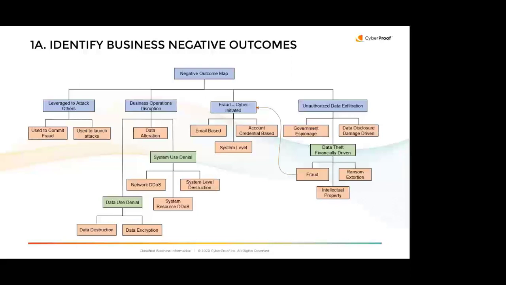The way we start there is taking the business risk register, extracting the cyber risks, and mapping those to this list of negative outcomes. Fortunately, when we did a fair bit of research on this, we found there are only 16 negative outcomes. Essentially, each is something bad that could happen to the business, and it defines a general way that bad thing would happen. There's only 16 of them.